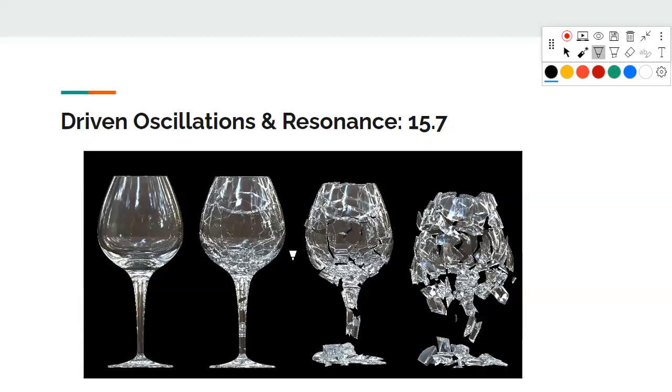And additionally, because there's such little friction in the system, if we draw the response curve, so frequency versus response, it basically just looks like a line. So if we hit even a little bit off from that resonant frequency, nothing will happen. It'll be really boring. But if we can hit exactly at that resonant frequency, we'll transmit so much energy to the glass that it'll be unable to handle it and shatter.